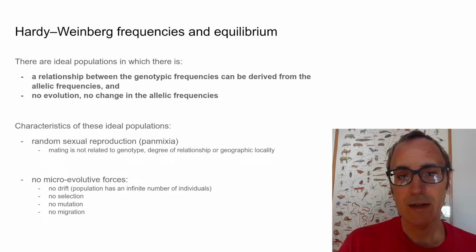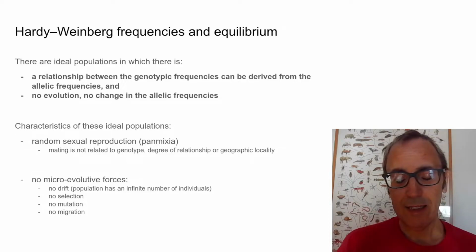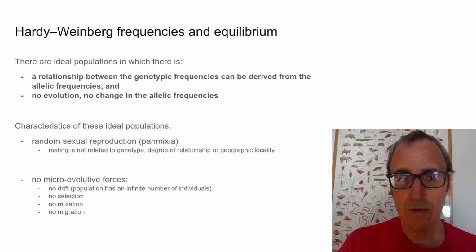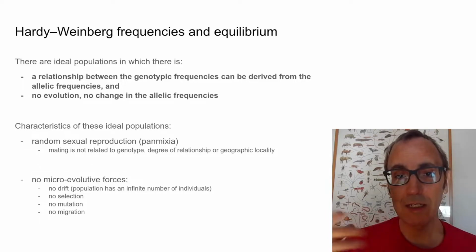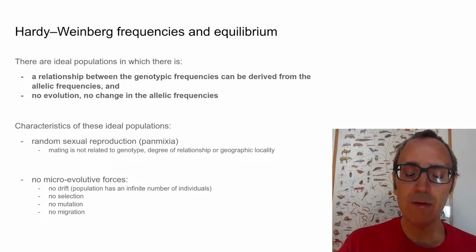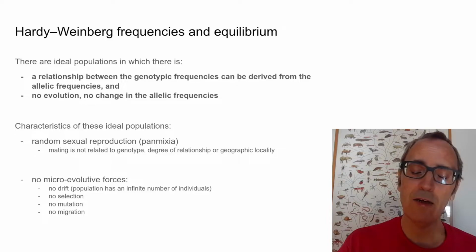Which are the characteristics of these ideal populations? Well, they have to have random sexual reproduction, which is technically called panmixia. So the mating is not related to the genotype, or the degree of relationship between the individuals of the geographic locality, so it is really at random. And also there are no microevolutive forces going on.